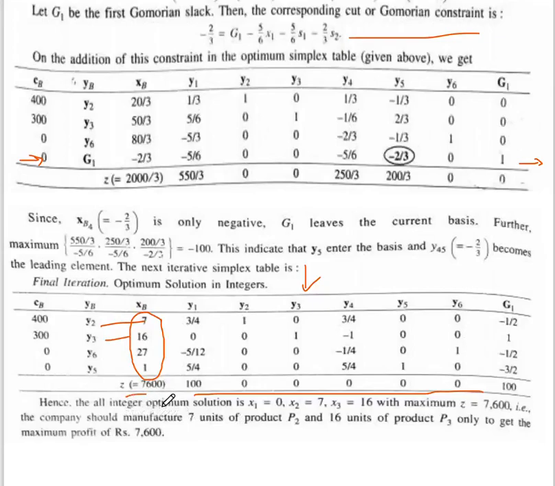Therefore the company should manufacture 7 units of product P2 and 16 units of product P3 only to get the maximum profit of rupees 7600. In this way we can solve any integer programming problem.